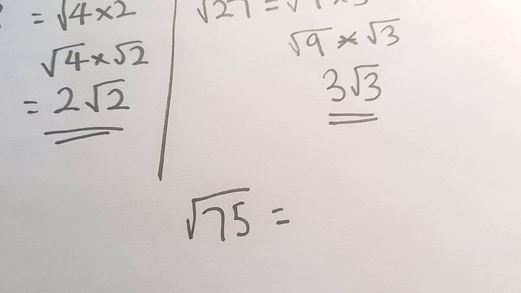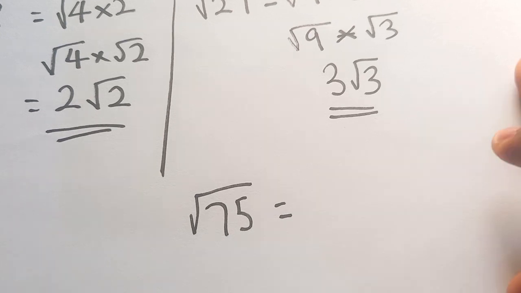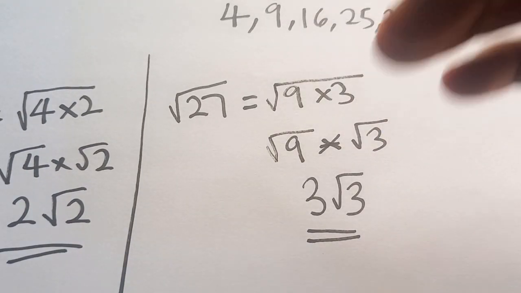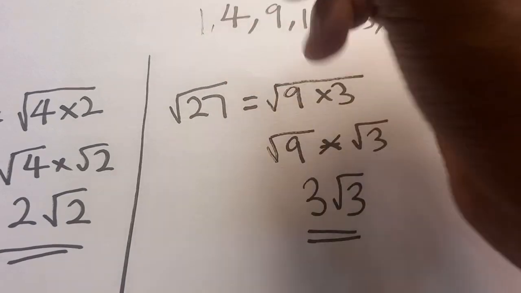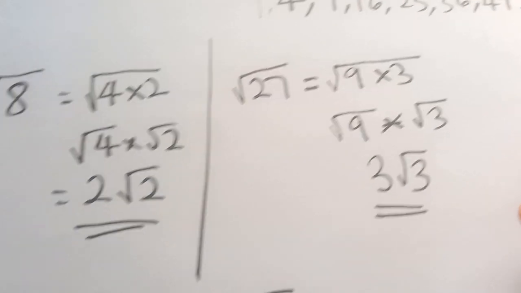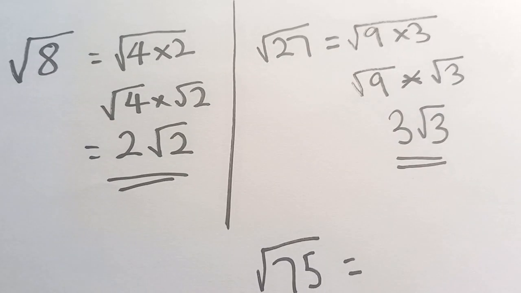So we want to solve for square root of 75. And to solve that, we know that we have the squares of numbers: 1, 4, 9, 16, 49, and so on. So we ask ourselves, 75 divided by what number gives a whole number? We don't want fractions. This is a trick. When we divide 75 by 25, we will get 3.